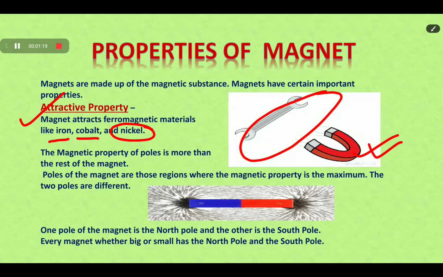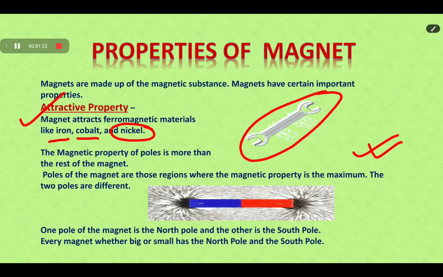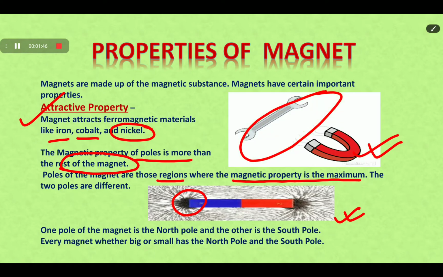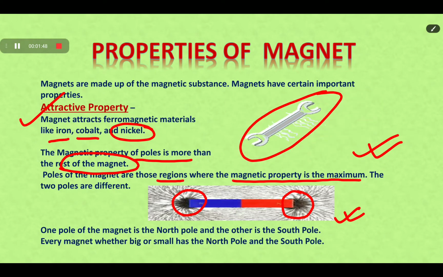Another point is that the magnetic property at the poles is more than in the rest of the magnet, as you can see in the image. Here, the word pole comes. Poles of the magnet are those regions where the magnetic property is maximum, and in the rest of the magnet the magnetic property is less.